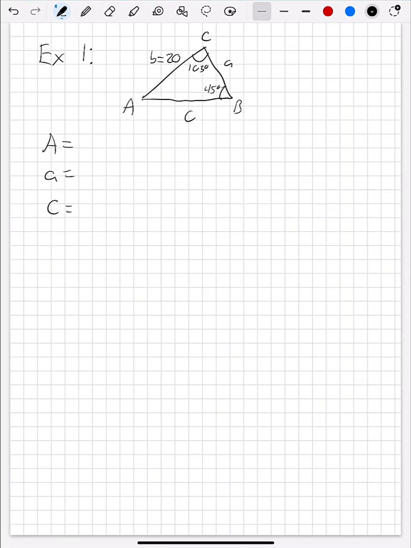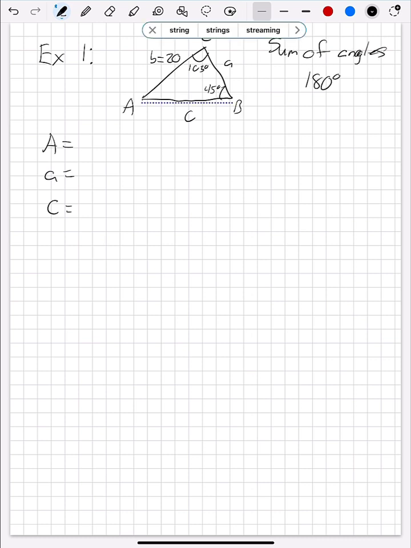And so, just starting with angle A, if you remember, the sum of the angles of a triangle is 180 degrees. So to solve for A, I really just have to figure out what angle makes this triangle equal 180 degrees.